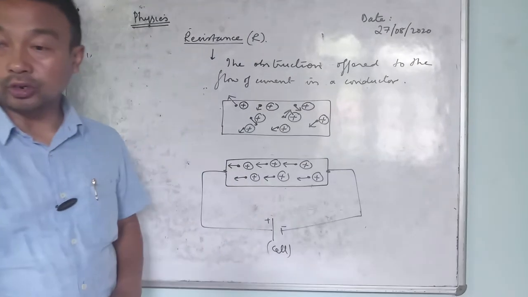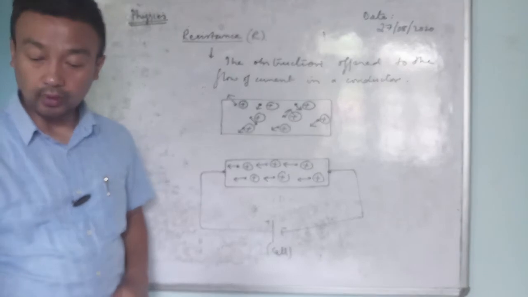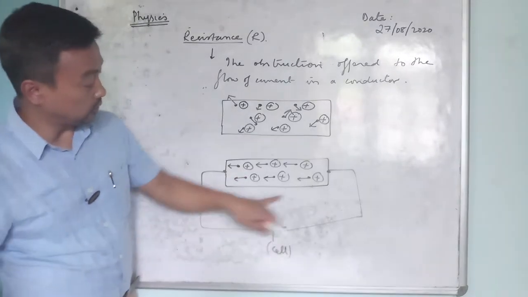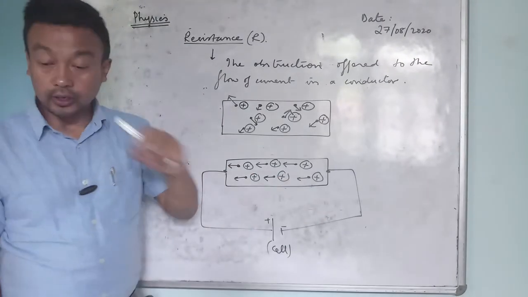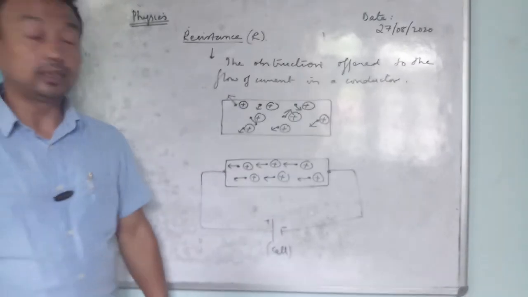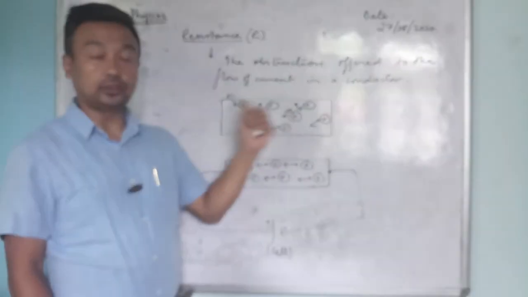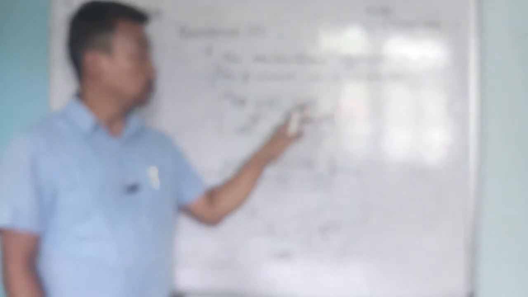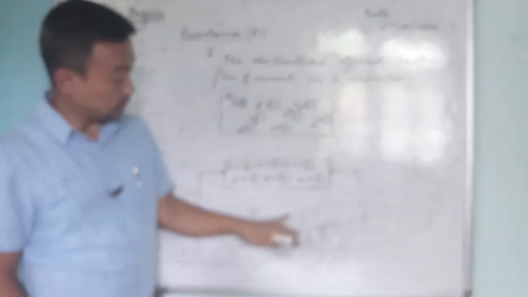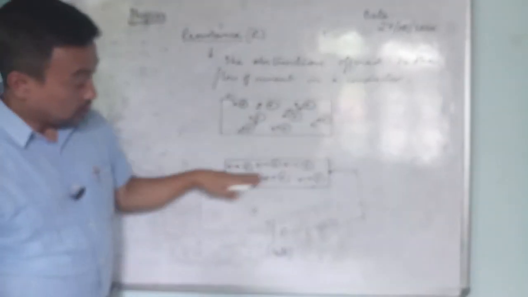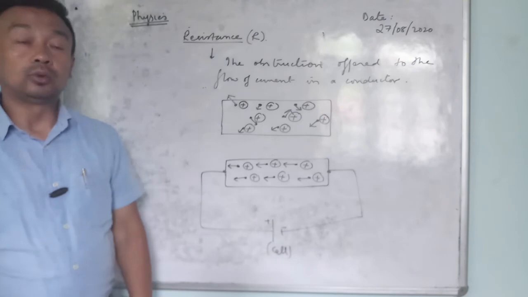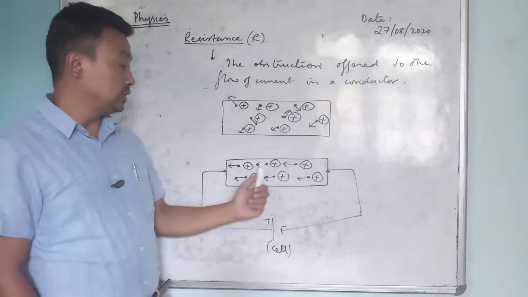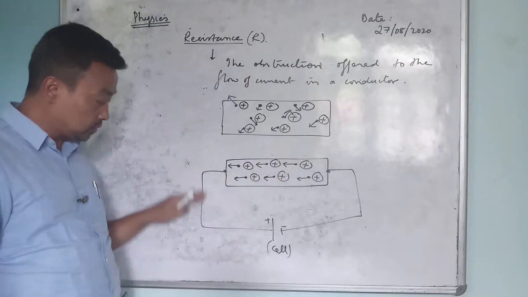When this process is continuing, there is a continuous flow of current taking place. Whereas in the first case, there is no outcome. The current will not come out because the electrons are moving in random directions. Whereas here, the electrons inside have one direction, moving towards the positive terminal.